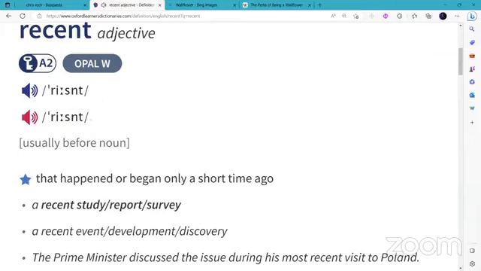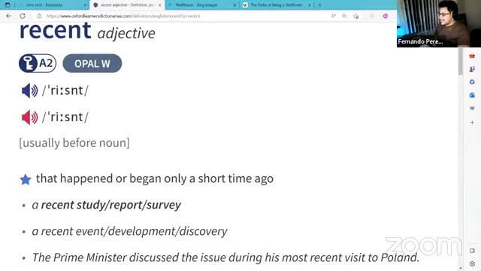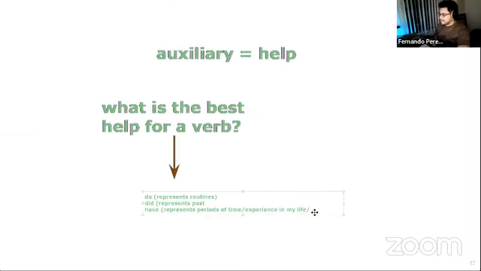Recent past. Exactly, recent past, brother. Very good. We are talking about recent past. I repeat, I'm not talking about grammar. This is the conversation, the situation of the conversation.